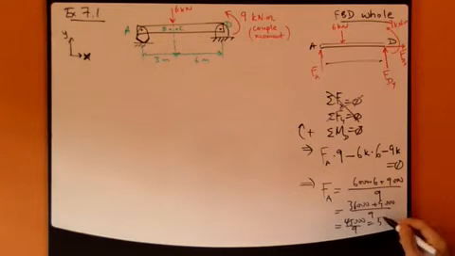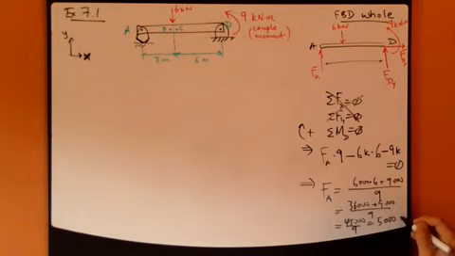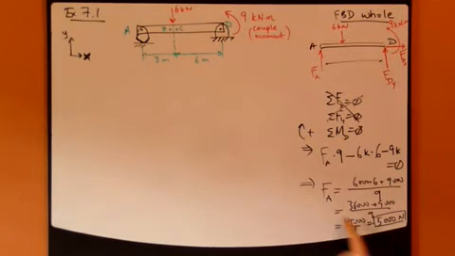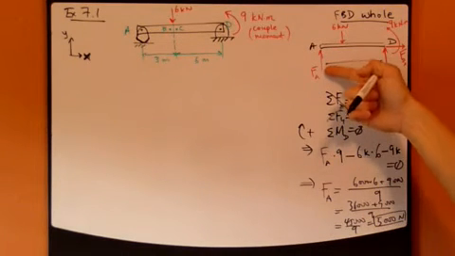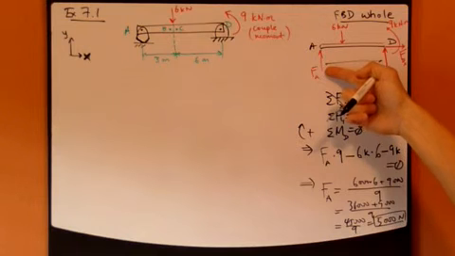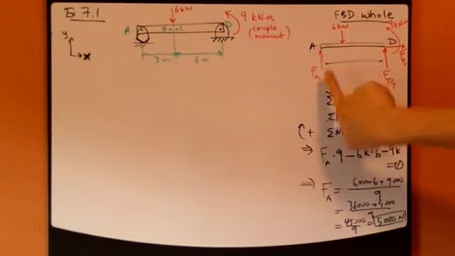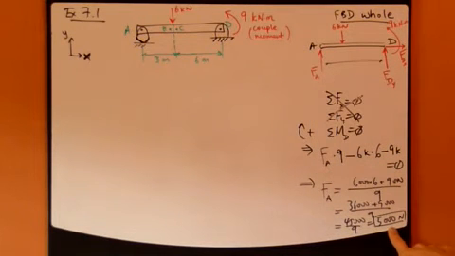So you get 5,000 units. So FA is 5,000 newtons. It's a positive number, which means that this direction is correct. So I've done the correct assumed direction for this reaction force FA of 5,000 newtons.